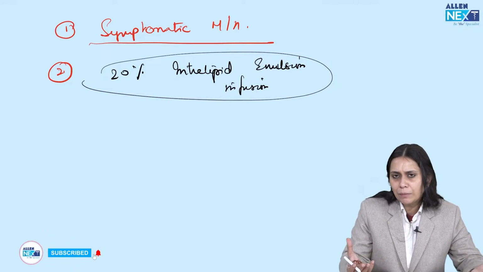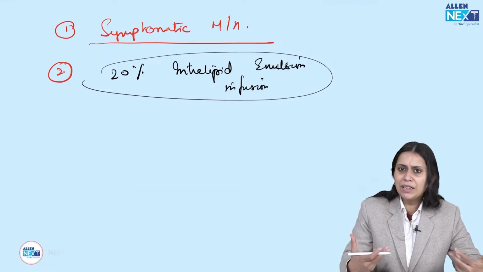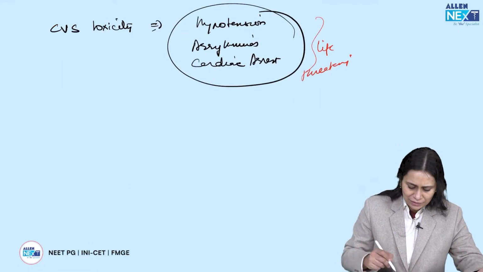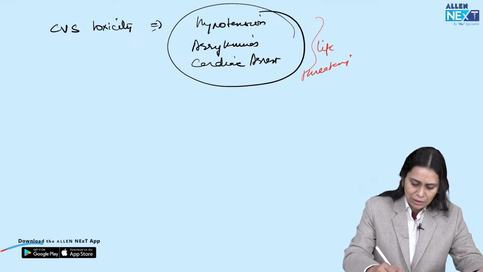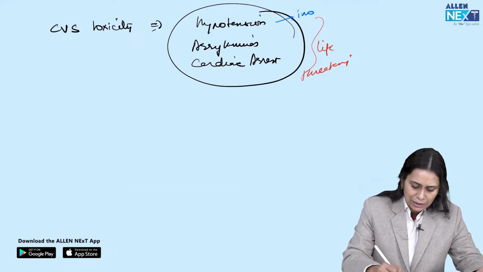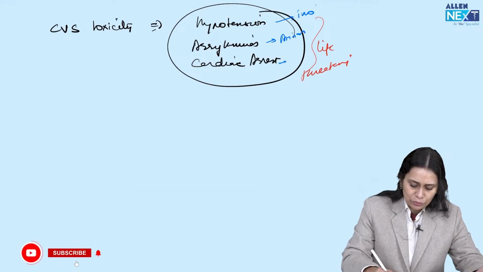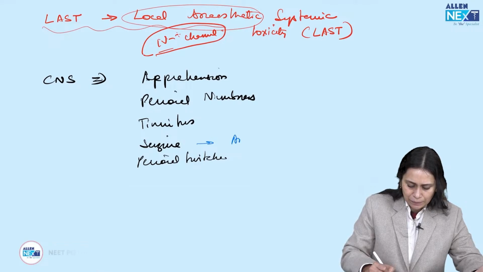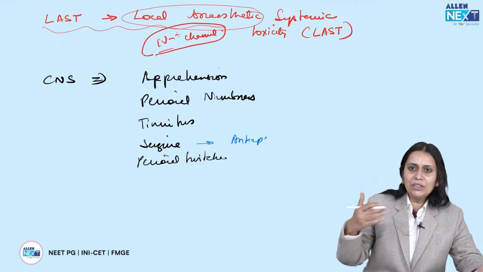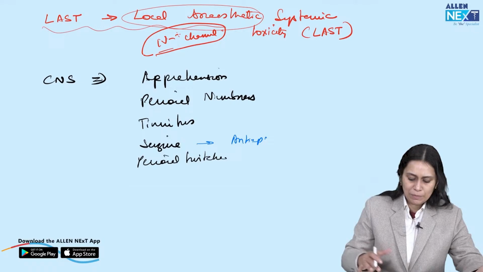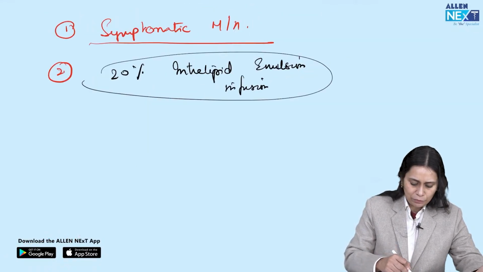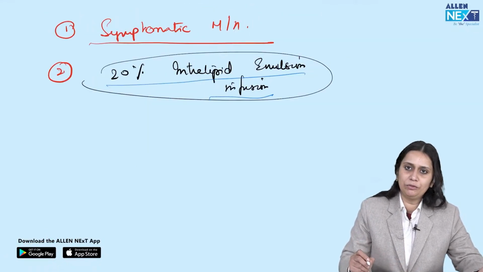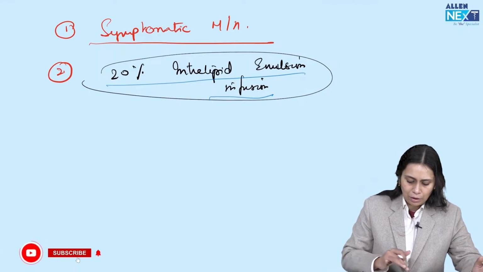Hypotension, I give inotropes. Arrhythmia, I give antiarrhythmics. Cardiac arrest, we do CPR. If it is causing seizure, we give anti-epileptics. So we manage the patient symptomatically and give 20% intralipid emulsion infusion. So remember this, okay?